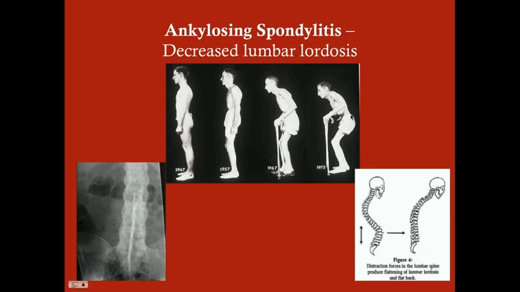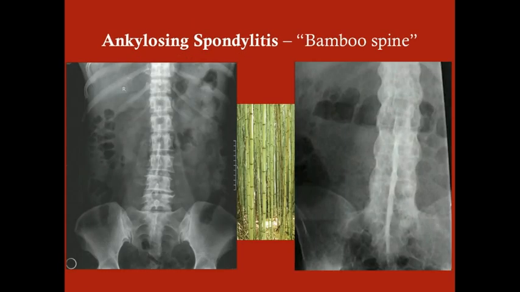You can see very little lordosis here. Here's a bamboo spine. So just this looks like bamboo. This is bamboo here. So radiologists come up with some really creative names. My favorite one is coming up.